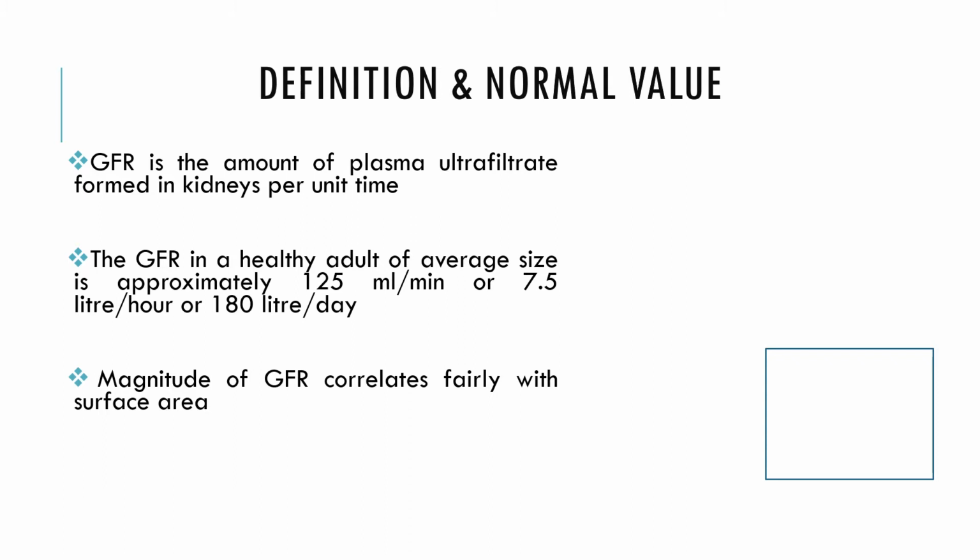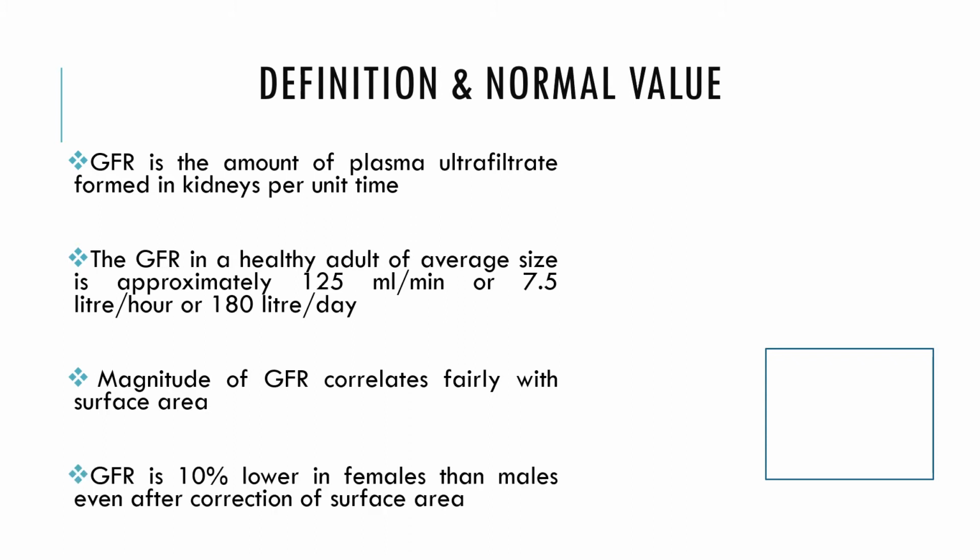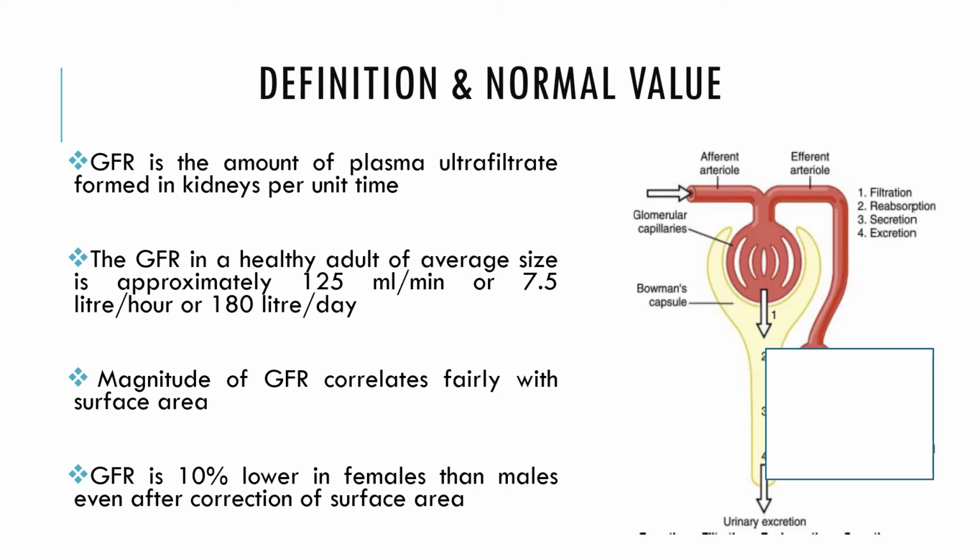Magnitude of GFR correlates fairly with surface area. GFR is 10% lower in females than males even after correction of surface area. So we can see from this picture that the glomerular filtration rate is around 180 liter per day.